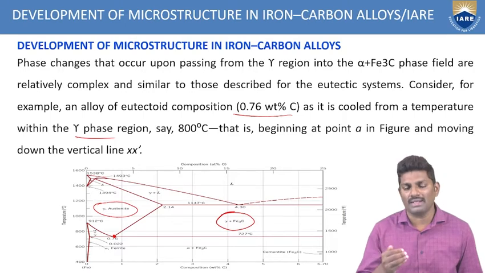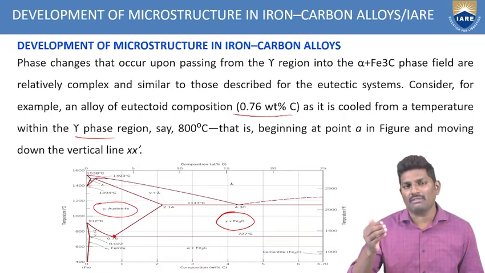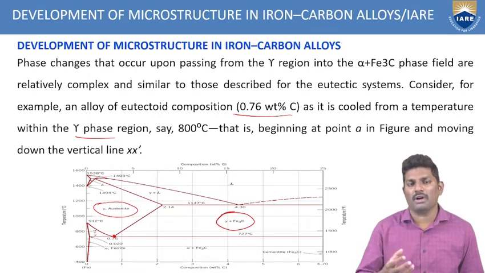When you heat the system, it will get melted and convert into liquid. Now after waiting for some time and letting the system cool, slowly the liquid nature is going away and you get a solid formation. During this solid formation, there are a lot of changes in the microstructure internally.